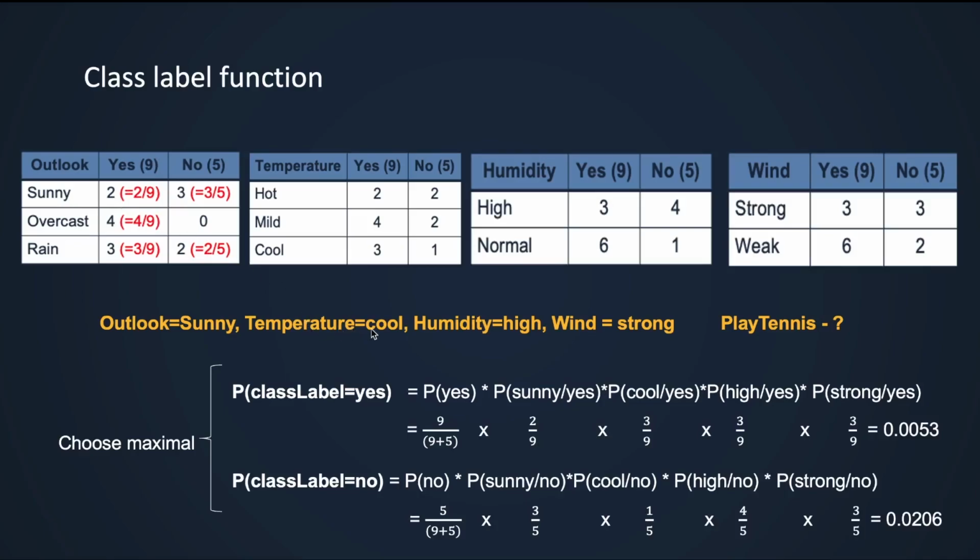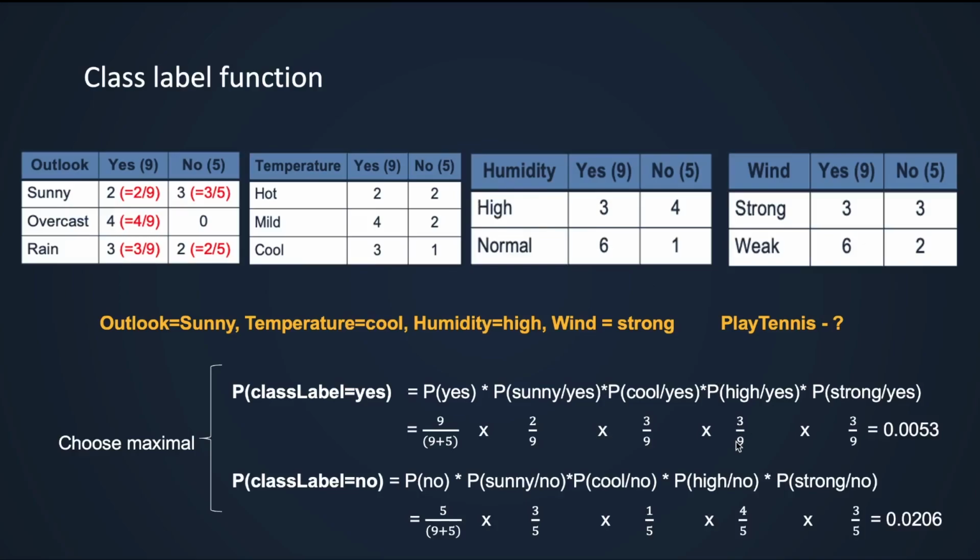Similarly, for the temperature cool, 3 instances out of 9 instances are cool. So it is 3 by 9. Similarly, out of 9 yes instances, 3 instances contained the humidity value high.